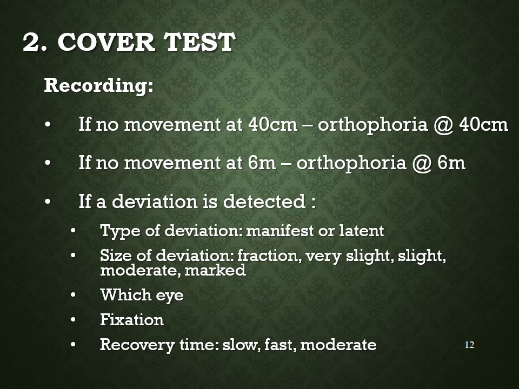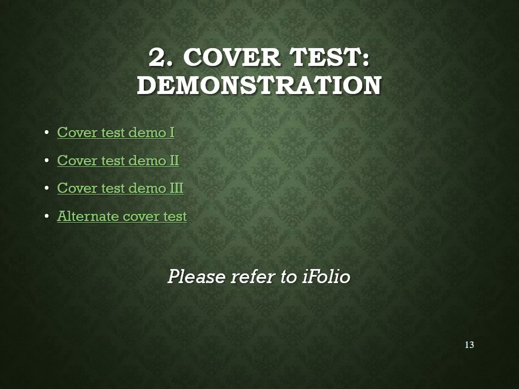And if the finding is phoria, you also need to write down the recovery time, which is slow, fast, or moderate. For the cover test demonstration, please refer to the iFolio. I have uploaded a few videos on how to do the cover test on your patient.